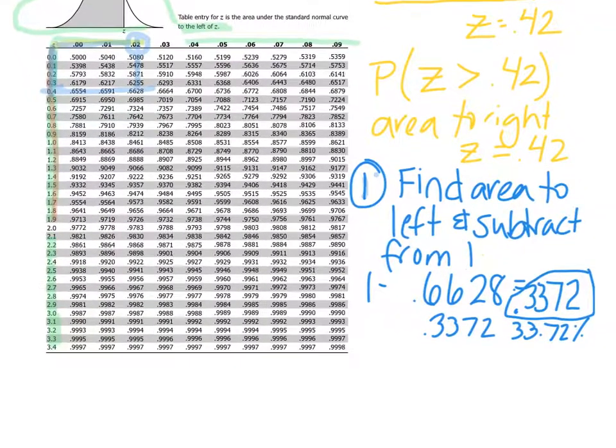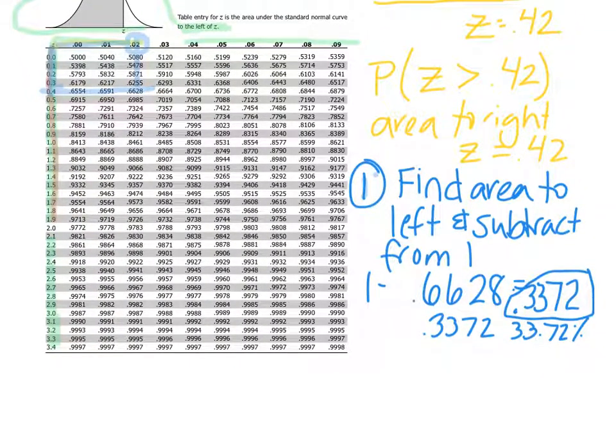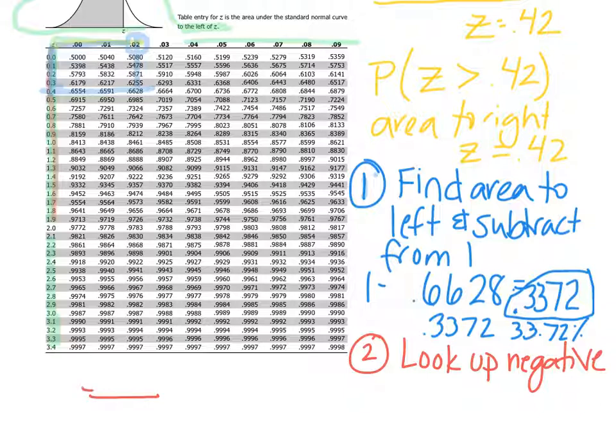Another way that we can find area to the right is that we can look up the negative. If it is symmetric about the mean, then area to the left of negative 0.42 is going to be the same as area to the right of positive 0.42. So we're going to travel all the way over to the negative part of our z-score table.